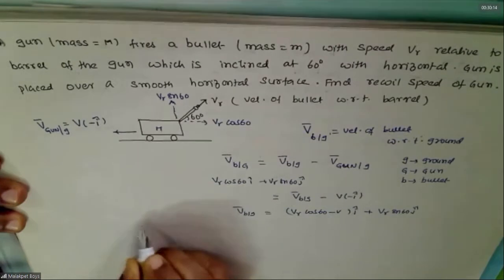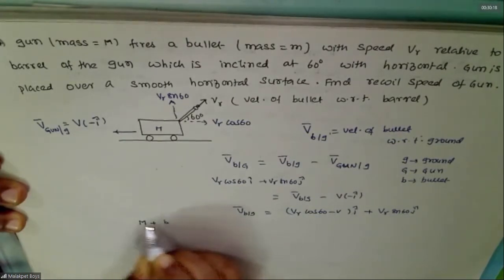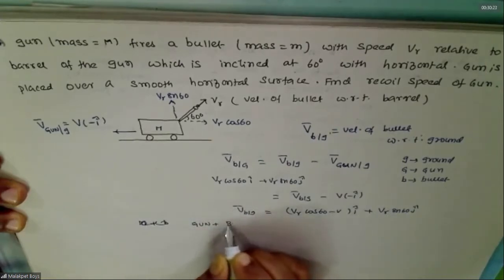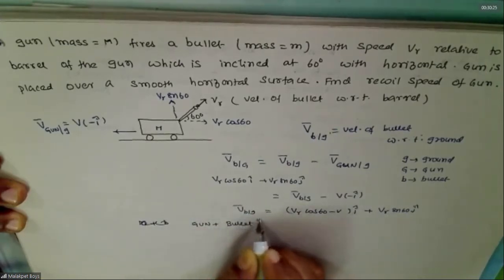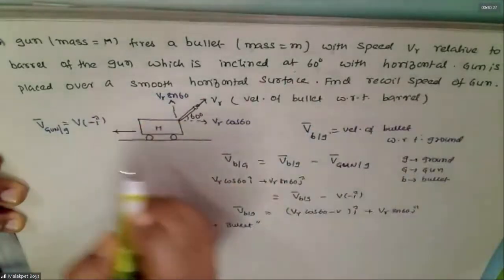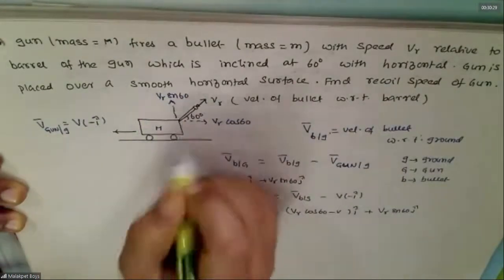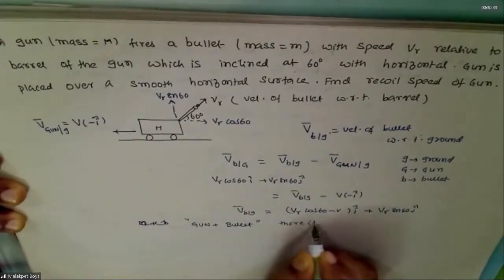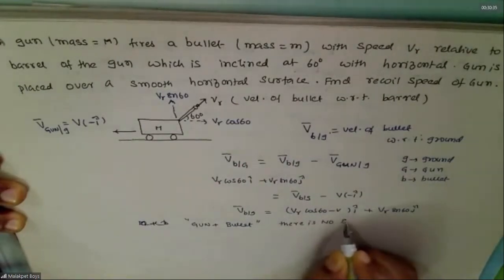Now we can conserve momentum for the gun plus bullet system. Is there any external force? No, sir, this is all a horizontal surface, no? So there is no external force applied.